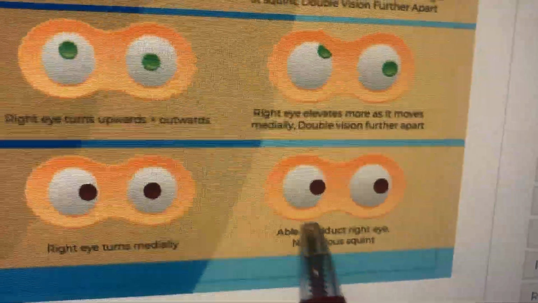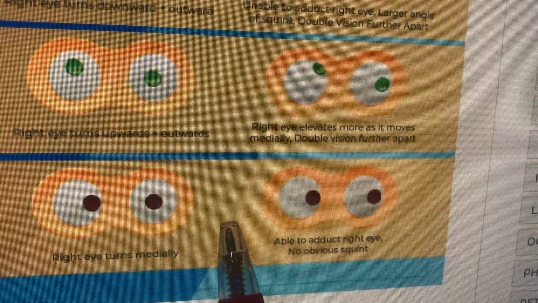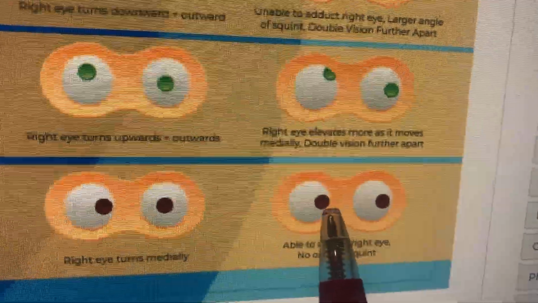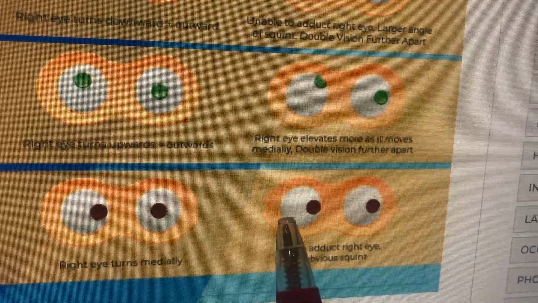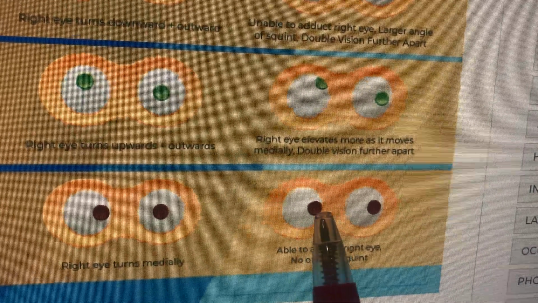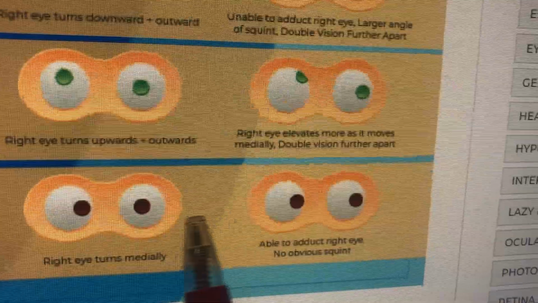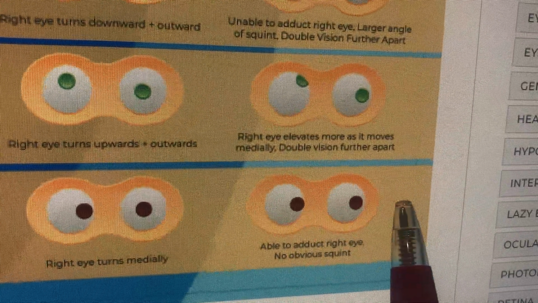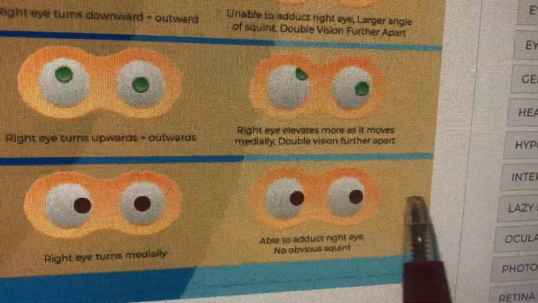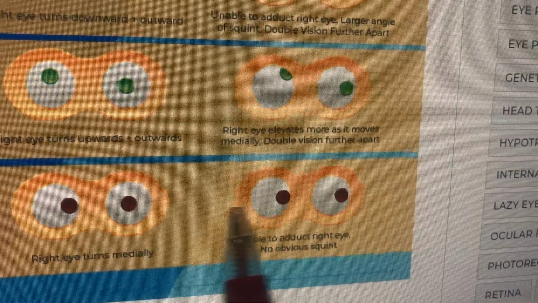Looking towards the nose is known as adduction, and looking away from the nose is known as abduction. Remember this eye is the one with the sixth nerve palsy, so technically they should have a problem looking this way. But if you ask them to look that way, they'll be able to look fine, because the problem is with the abduction, which is away from the nose.